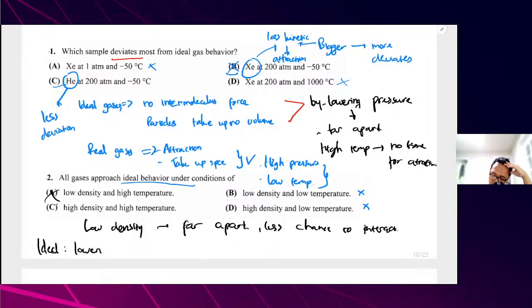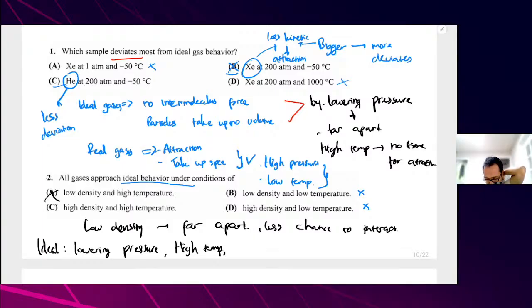Lowering pressure, which makes the particles far apart, so less attraction. Then high temperature, so there is no time for attraction.